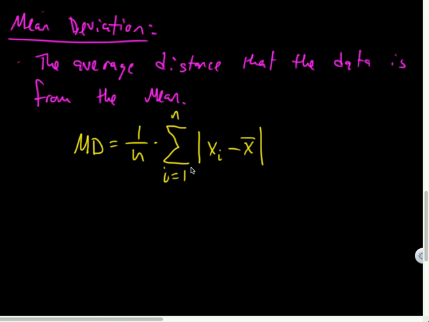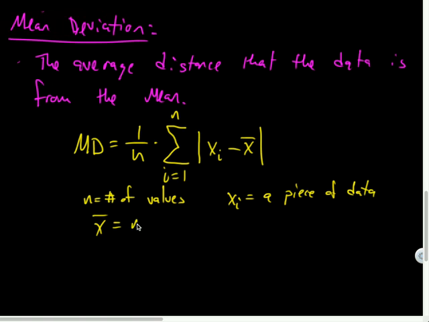And I'll define what some of these values are. So n is the number of values. Xi is a piece of data. And x bar is the mean. Right? So let's look at what this formula tells us to do.